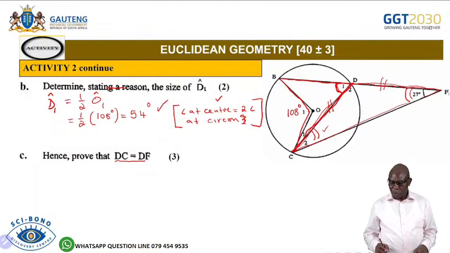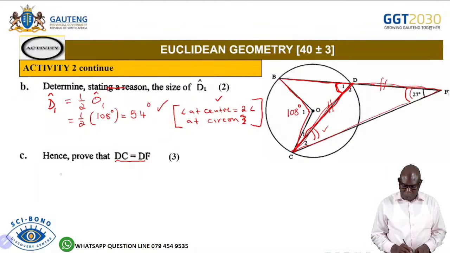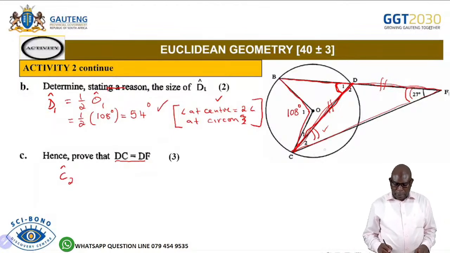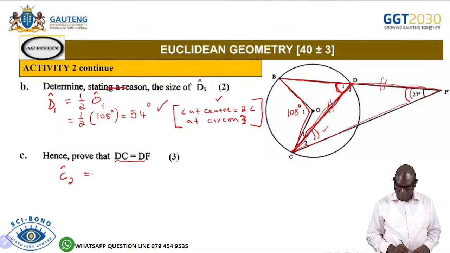So I know that C2 is equal to D1, and they're all equal to 27 degrees.